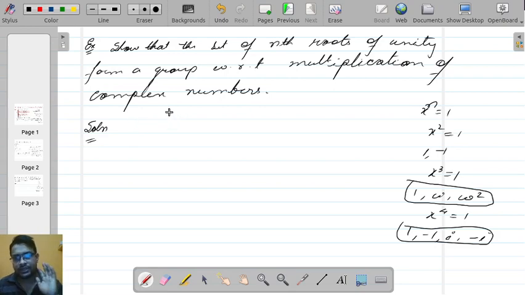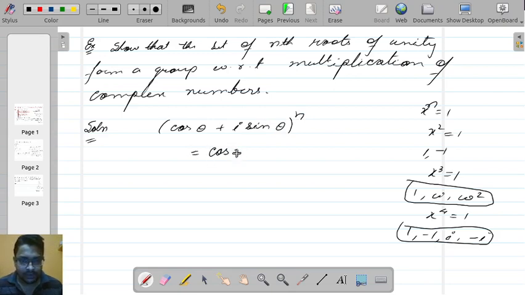Anyway, in higher secondary also this was probably taught, de Moivre's theorem: if you have (cos theta plus i sin theta) whole to the power n, where n is an integer, then you can write it as cos n theta plus i sin n theta.